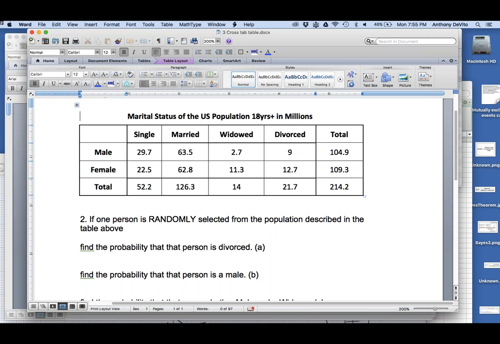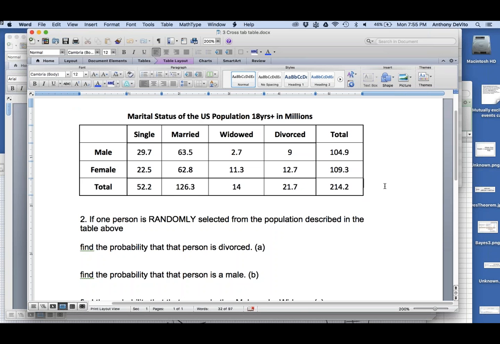Okay, so right off the bat, let's see. If one person is randomly selected from the population described here, what's the probability that person is divorced? Well, what's our total population? 214. How many people in this population are divorced? Right. So what's the probability that your random selection would be a divorced person?